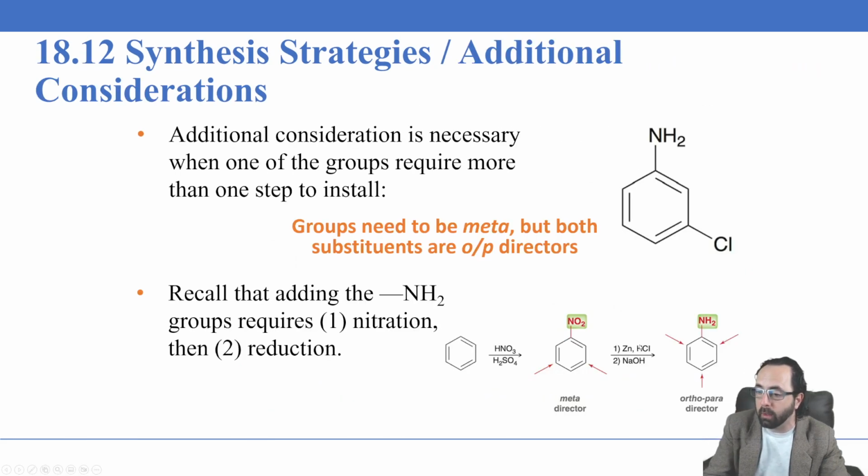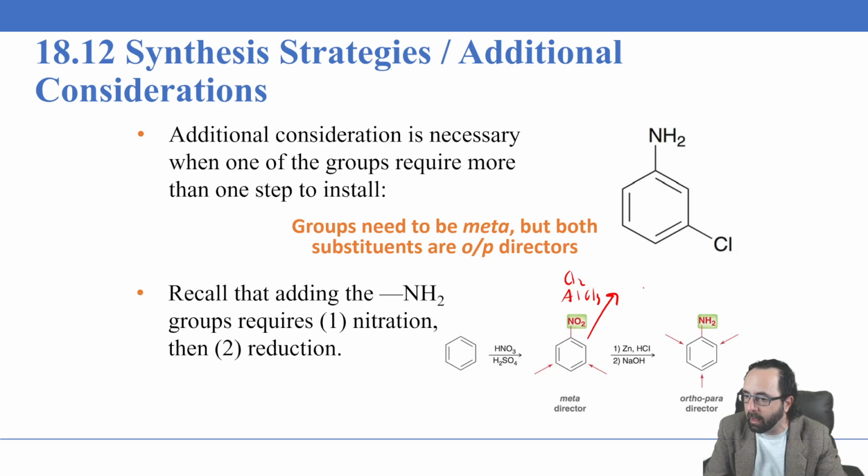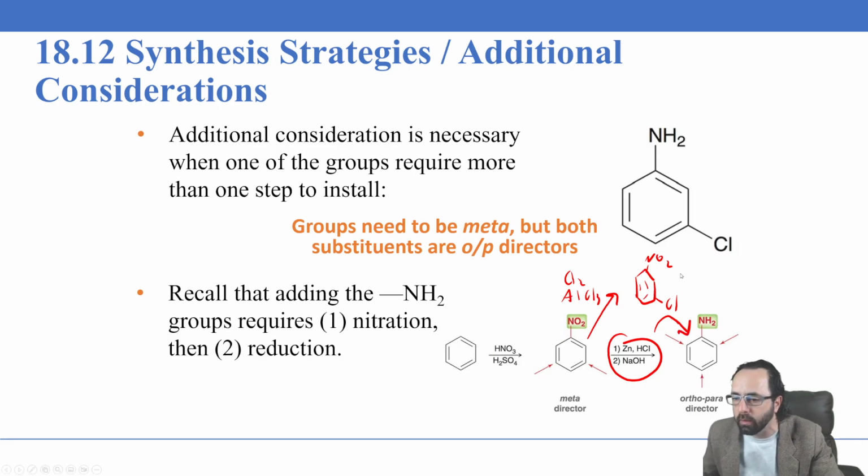So instead of doing this right away, we're going to use Cl2 and AlCl3, and we're going to produce this product right here. Then we'll do this reaction, and we'll ultimately reduce the nitro group and produce the final product.